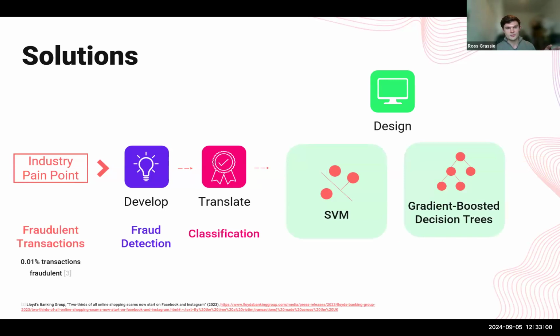So we spoke with HSBC. They wanted to work on the number of fraudulent transactions they saw going through their system. So we developed the fraud detection use case and found that it's just a classification problem at the end of the day. If you're given a new transaction, you want to classify it as either fraudulent or non-fraudulent.